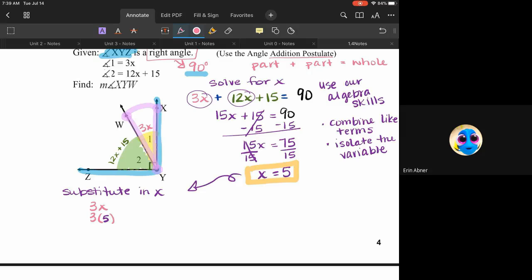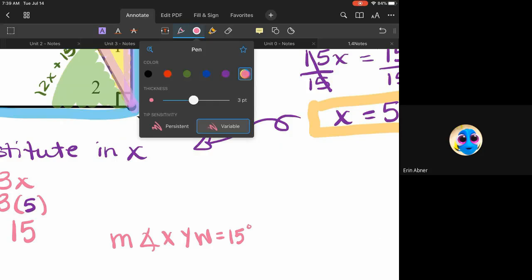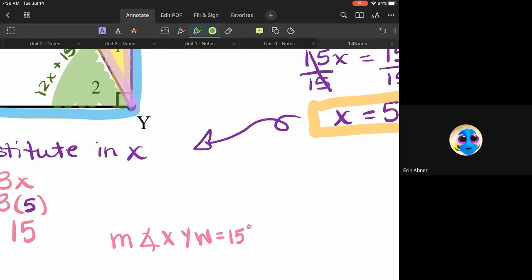Well, 3 times 5, we all know is 15. So in this case, what we are looking for is the measure of angle X, Y, W is equal to 15 degrees. This purple is what they asked me for.